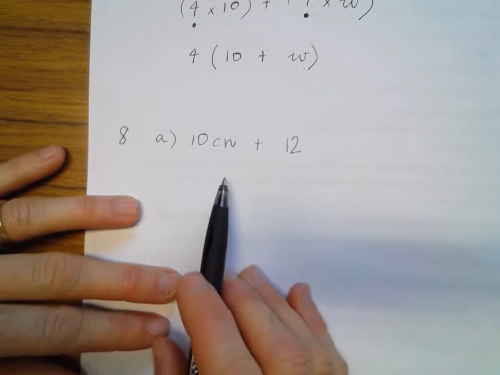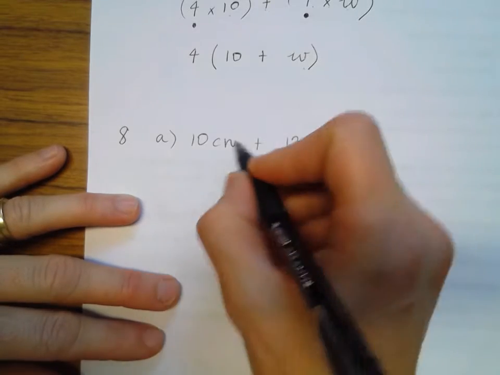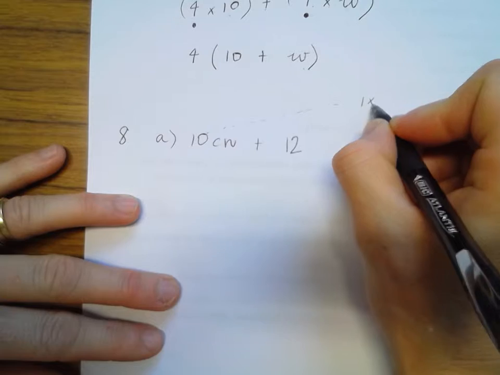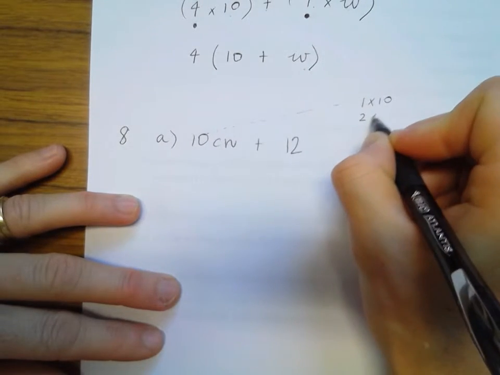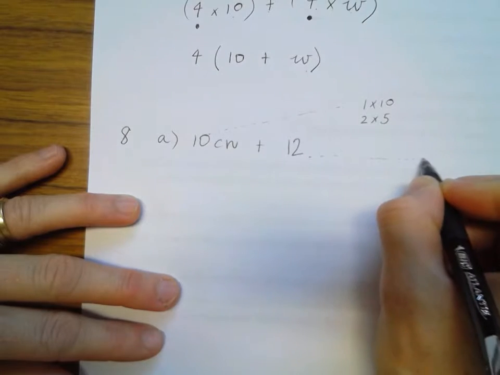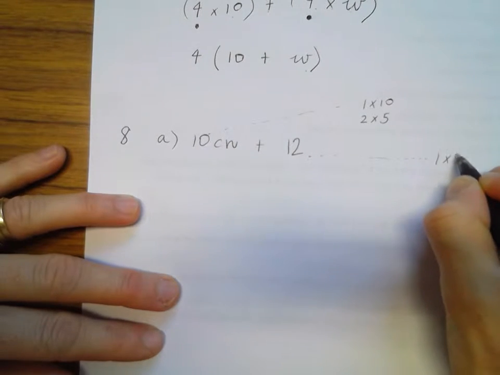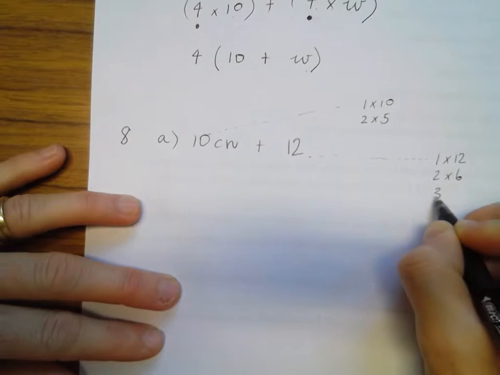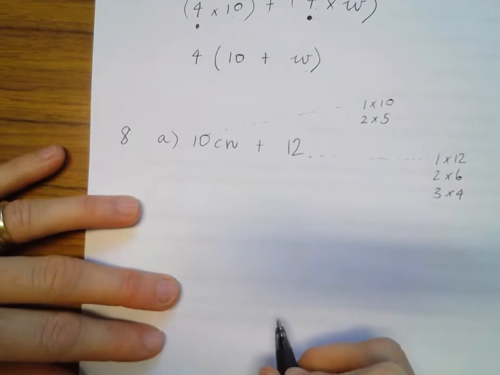There's a couple of variables. So this is where you might do a little bit of thinking. You've got 1 times 10. You've got 2 times 5. Okay, you might not need to do this thinking. You've got 1 times 12, 2 times 6, and 3 times 4.